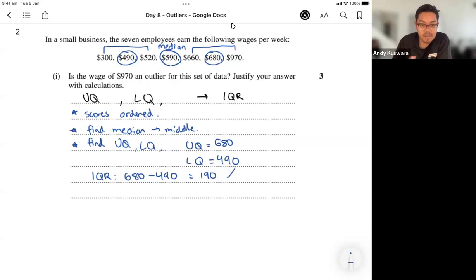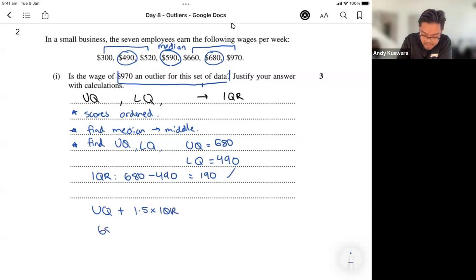Once I've got that 190, the way that I find if something is an outlier is, if I'm talking about 970, this is on the higher side. So now what I'm trying to find is the upper quartile plus 1.5 times my interquartile range. Again, that's on your reference sheet. My upper quartile here is 680, my 1.5 is just 1.5, and my interquartile range is 190.